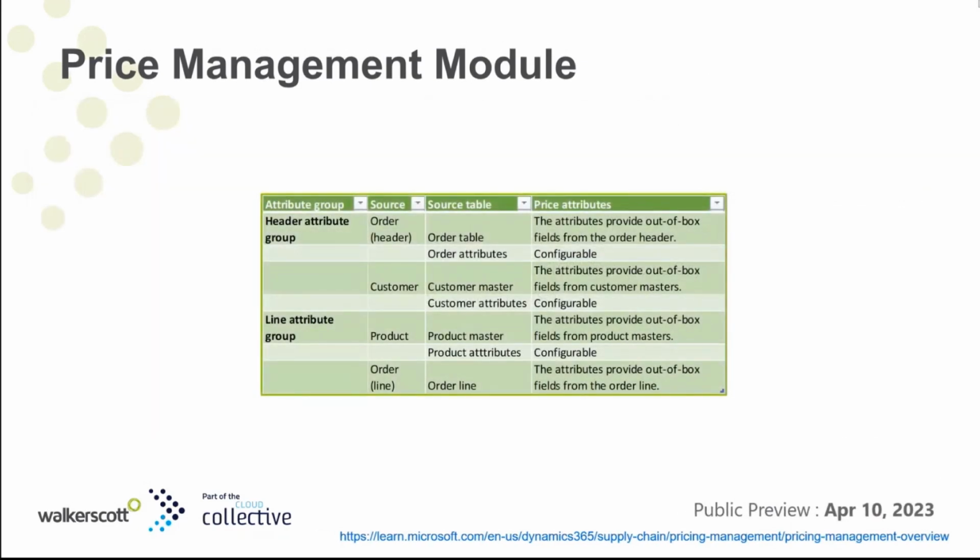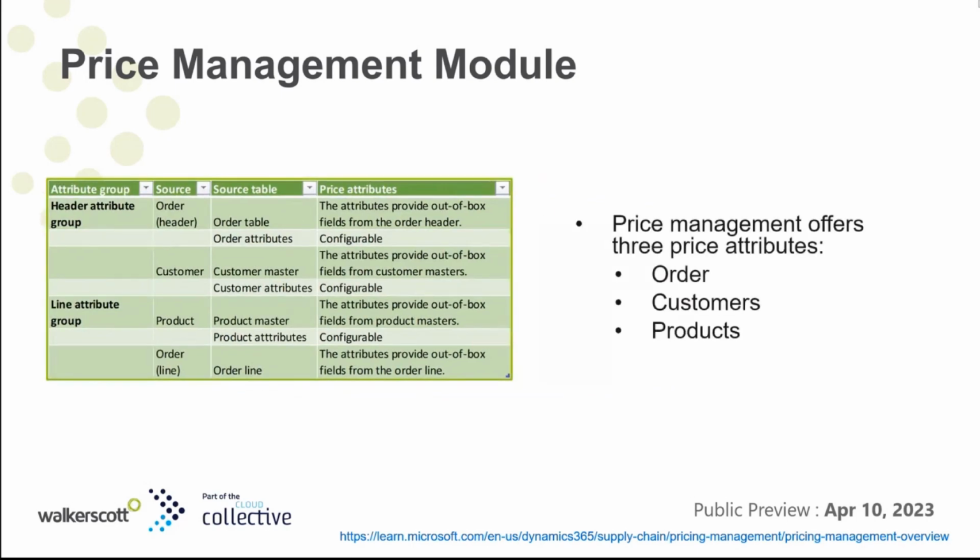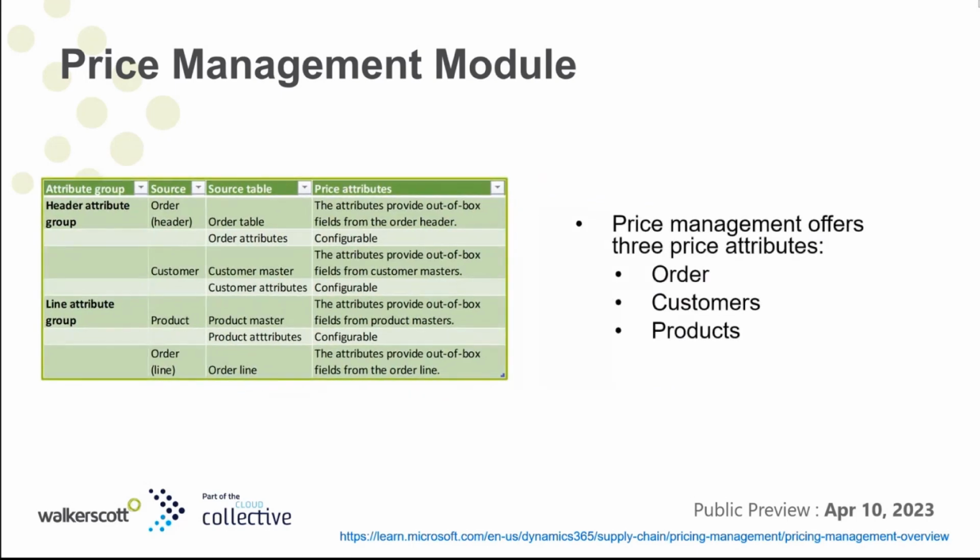The fundamental aspect of the price management module revolves around the utilization of the price attributes. Price management presents three foundational price attribute sources for establishing pricing rules and conditions, and each source also provides out-of-the-box attributes. Examining the table within the order header source, we find the order and customer tables, both offering out-of-the-box fields, such as the order channel within the order table and the customer ID within the customer table.